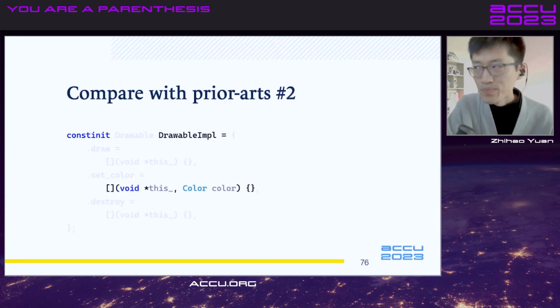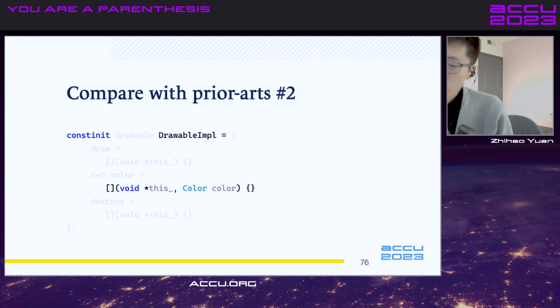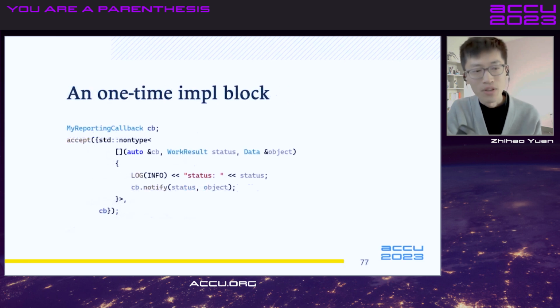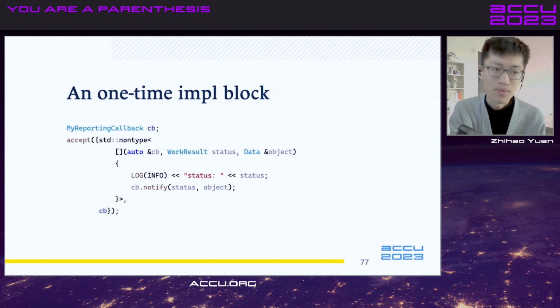In other words, the function body you saw passed as a nontype parameter is a one-time impl block. That impl block links the function body using the use of the object rather than relying on the type. The impl block in Rust links these two using type.